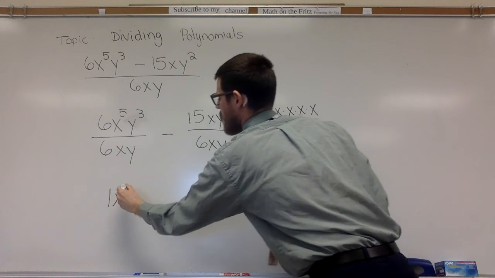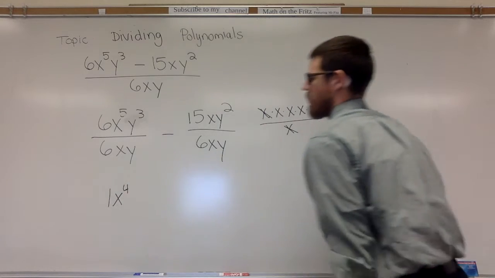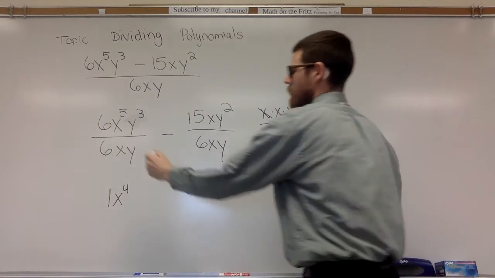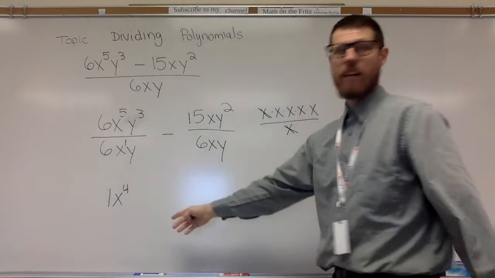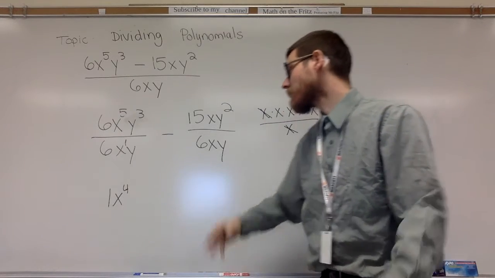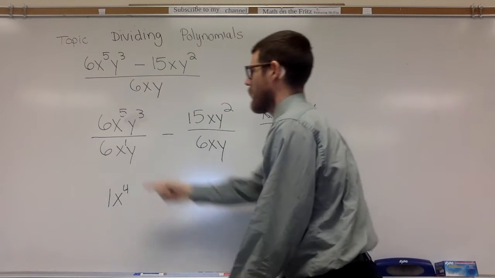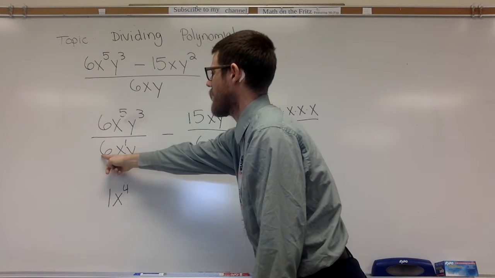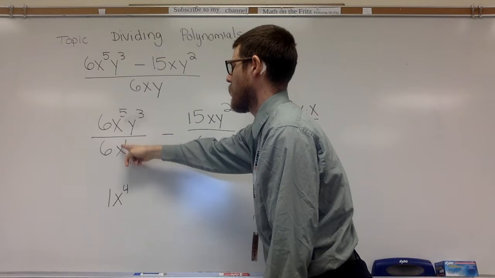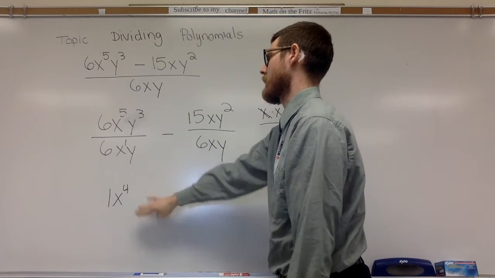Now, the trick is, when I was multiplying, I just added the exponents. If I look at my 5 and my 1, I can see they subtract to 4. So if I want to get a shortcut here, I divided 6 by 6, but then I did 5 minus 1 because they were both exponents. There it is.